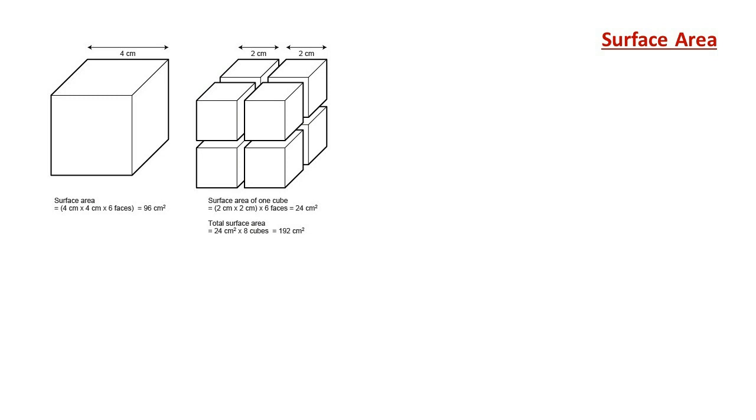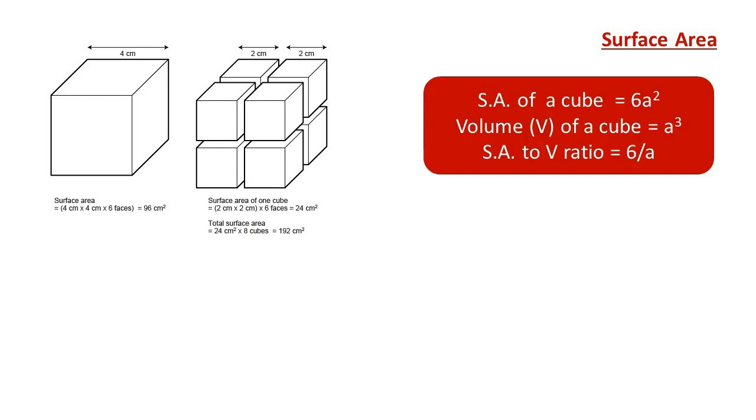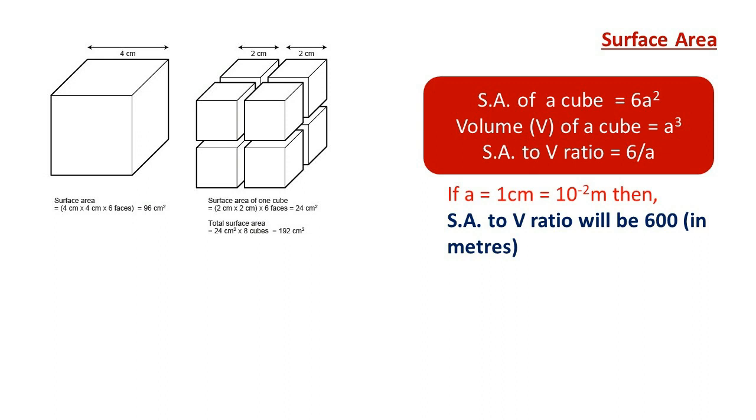From this, we get an idea on surface to volume ratio. As we know, surface area of a cube is 6a squared. Volume of a cube is a cubed. Then surface area to volume ratio will be 6 by a. Now come to the problem. If a is equal to 1 centimeter, that is 10 power minus 2 meters, then my surface area by volume will be 600 per meter.